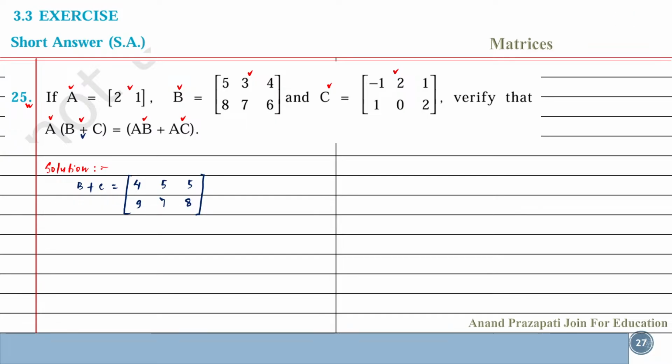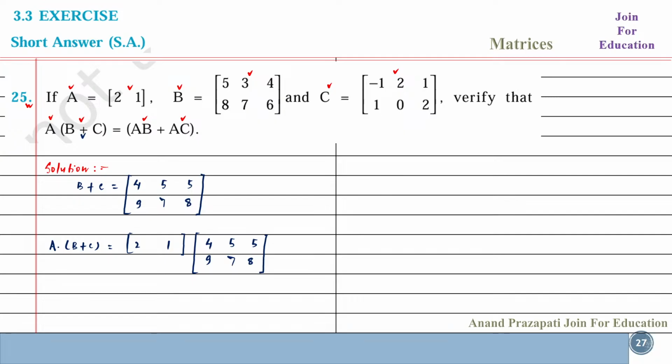So A into B plus C equal to, here will be 2, 1 into 4, 5, 5 and 9, 7 and 8.